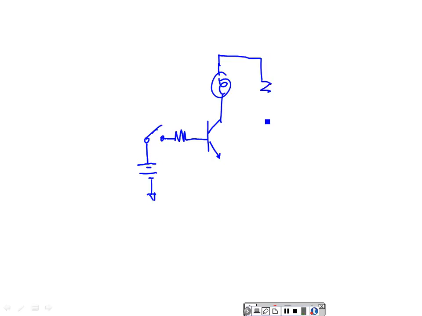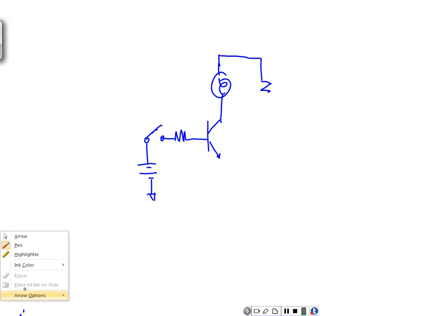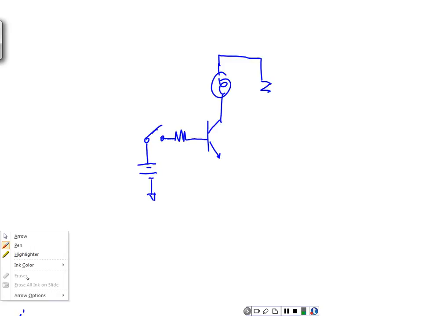We don't need that resistor anymore because the light bulb itself is the collector resistor. Sorry, I was using the wrong marker. Okay.